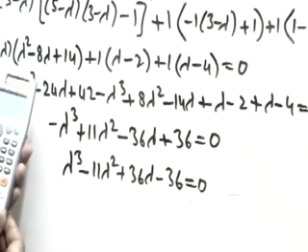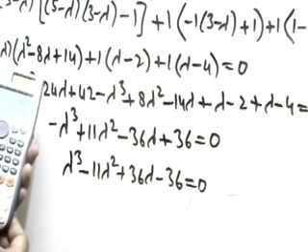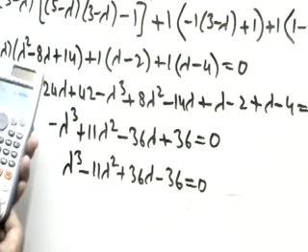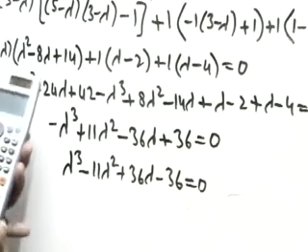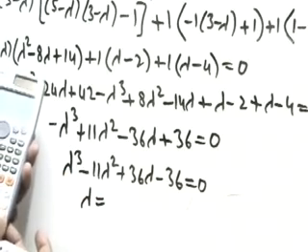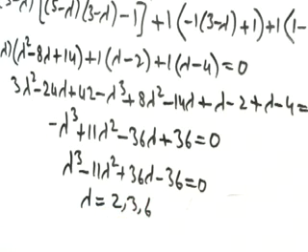Now apply the coefficients: 1, minus 11, 36, minus 36. So we'll get the values. The values are lambda equals 6, 3, 2. So the second step is finished. We have got the eigenvalues.